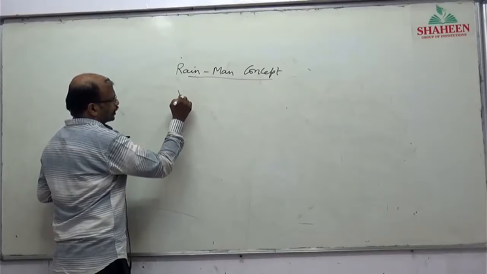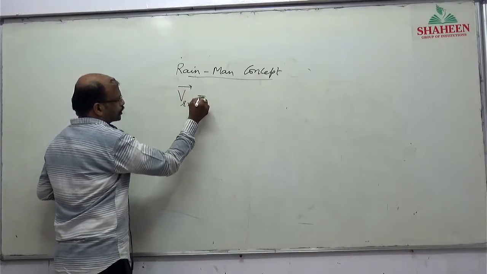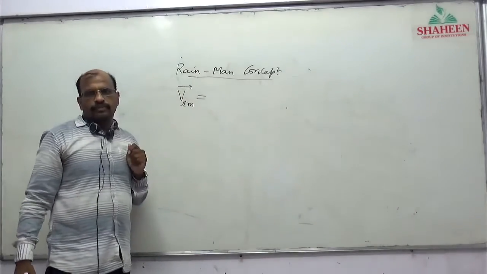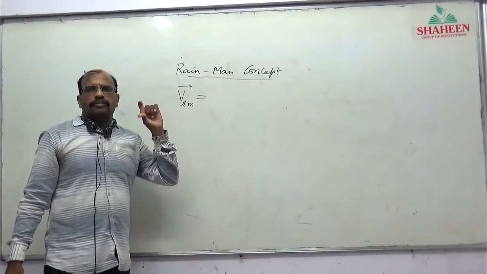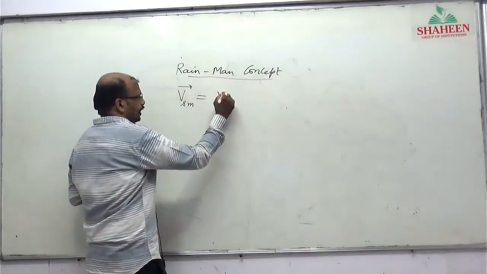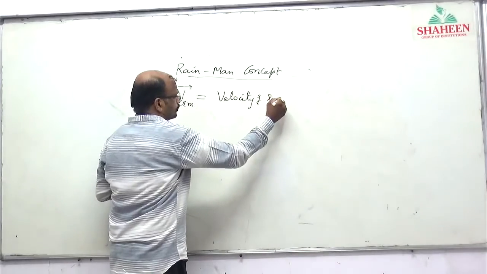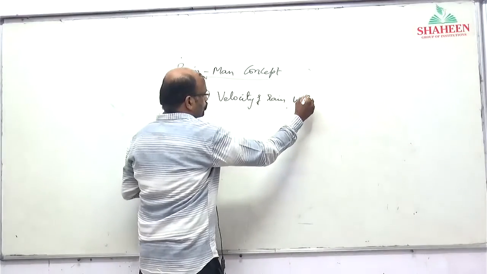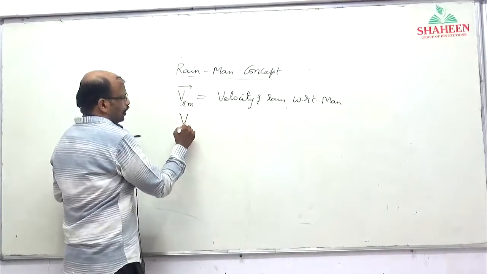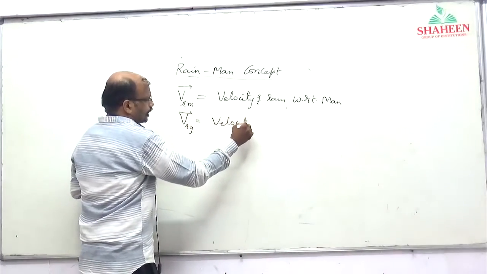See, here we have a term, VRM, velocity of rain with respect to man. VRM vector we represent here. Velocity of rain with respect to ground is VR. This is absolute velocity.